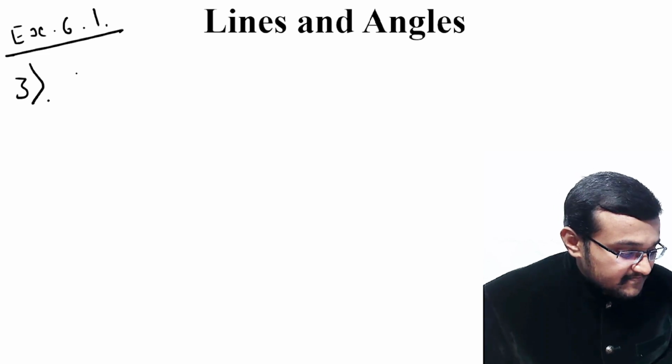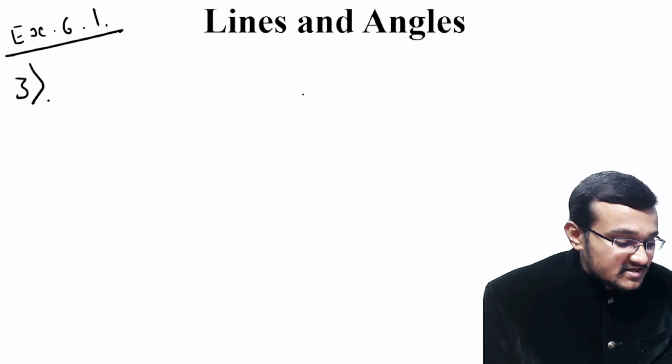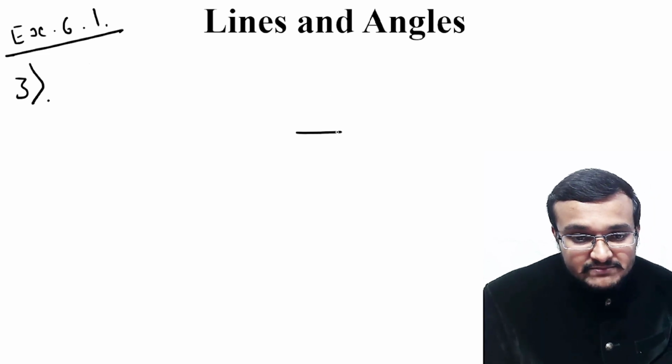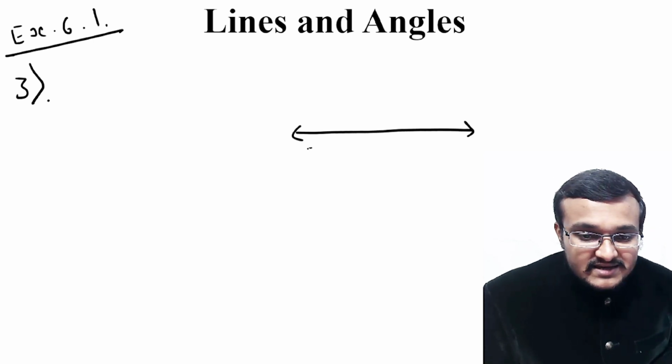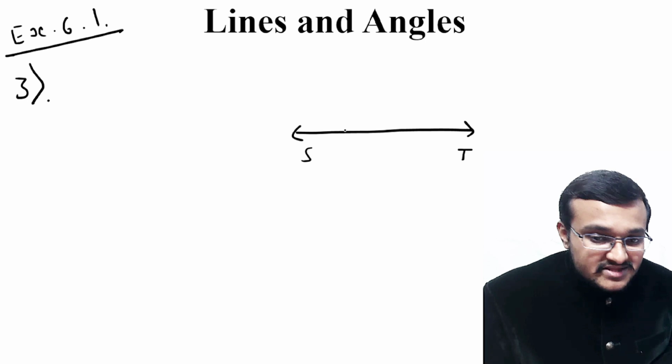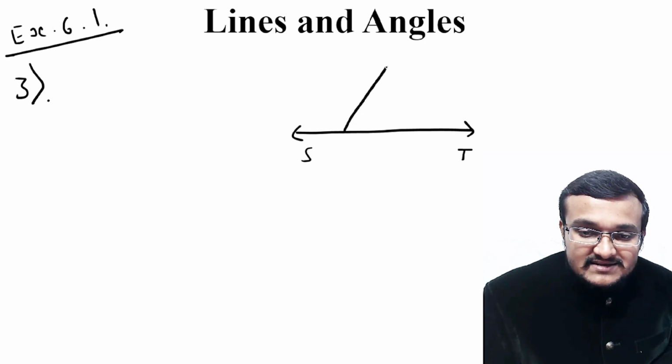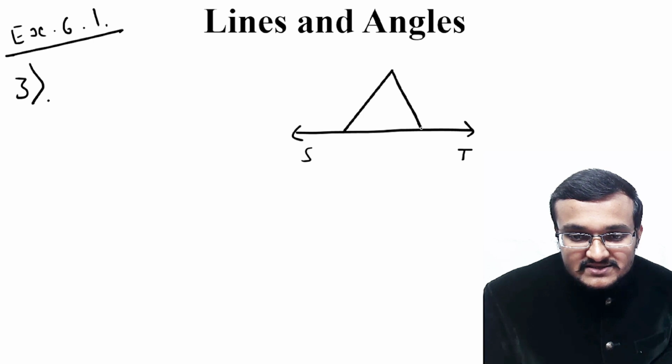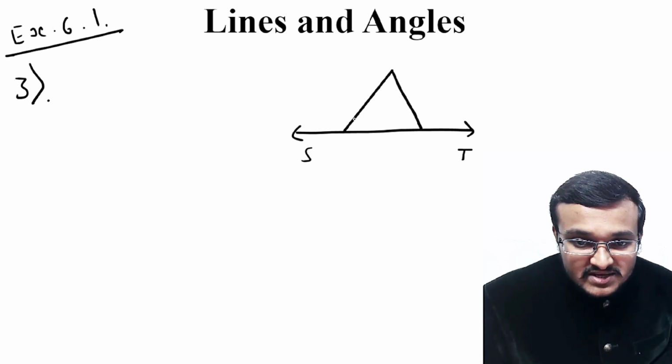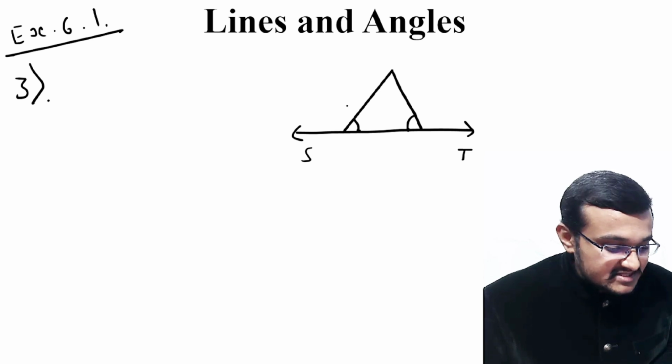In the third question, we have to prove something. Here they have given an image. There is a straight line ST, and on this ST there is a triangle sitting like this. One more straight line is there, in such a way that this angle and this angle are equal to each other.